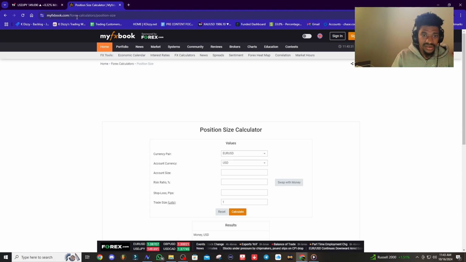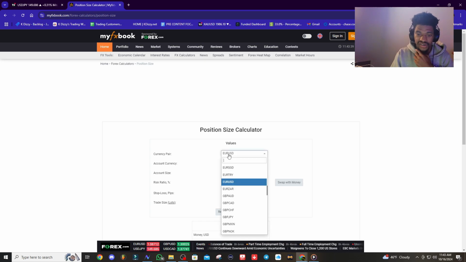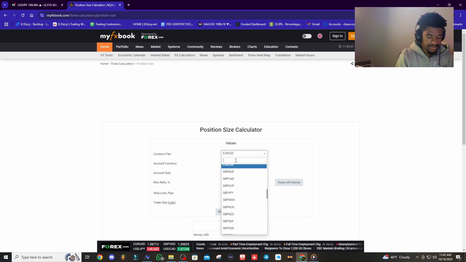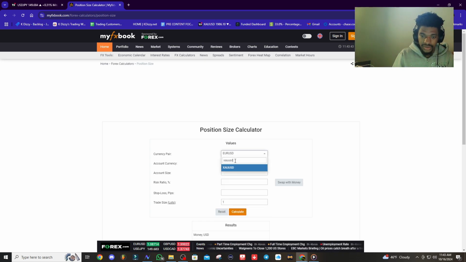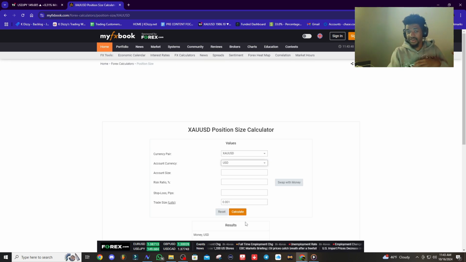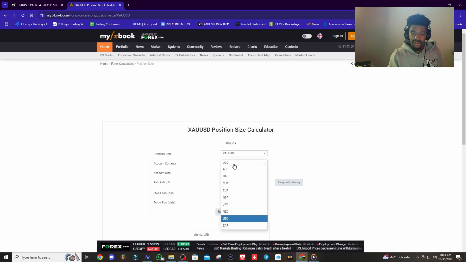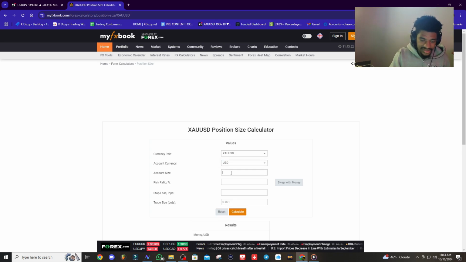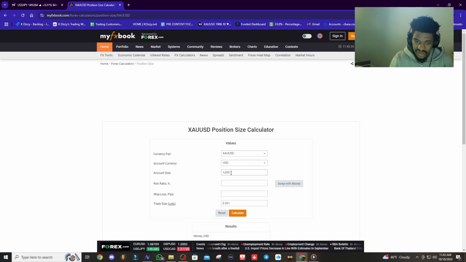I might put this in the description, or you can type up myfxbook.com, right? You put your currency pair. So if I'm trading gold, XAU/USD, put that there, account currency. I'm in US dollars. You guys do your currency. Account size, we can put $1,000, say.